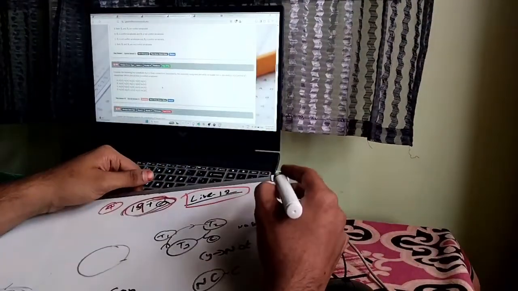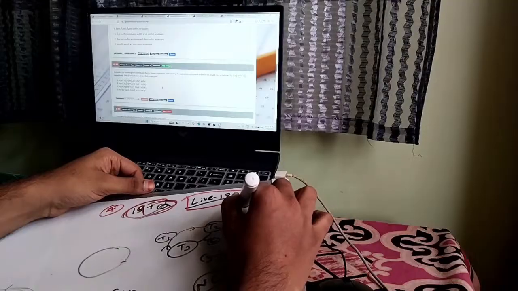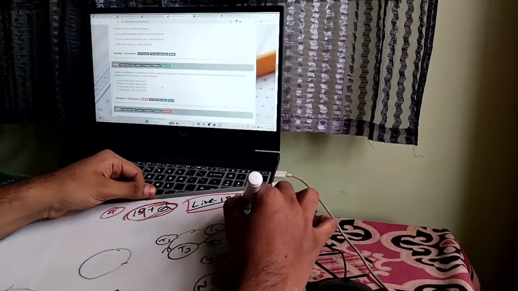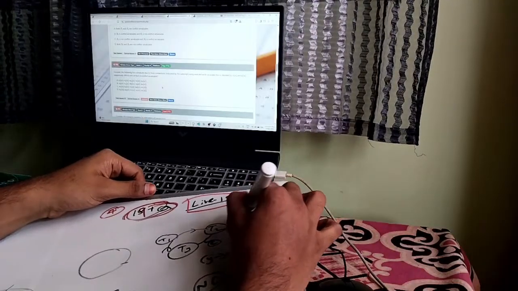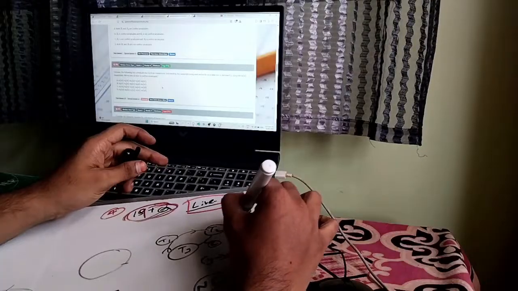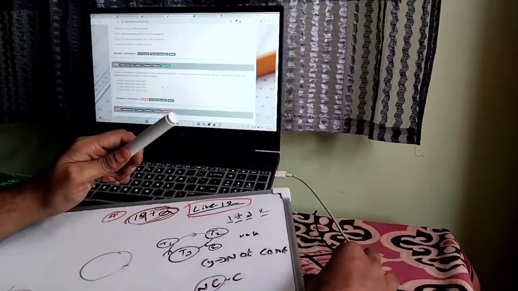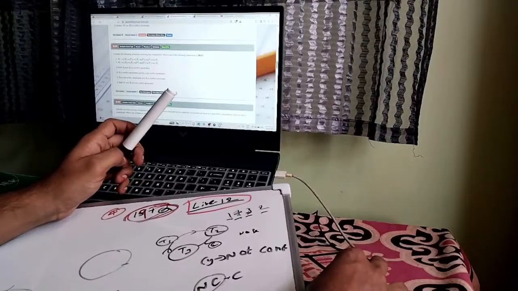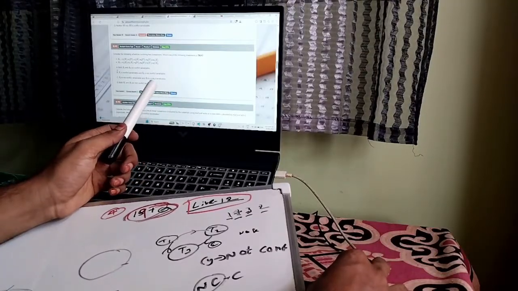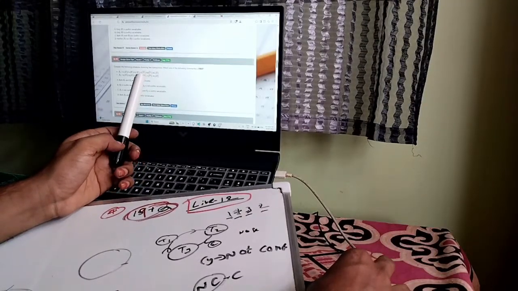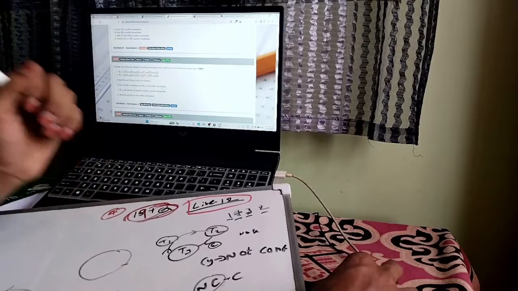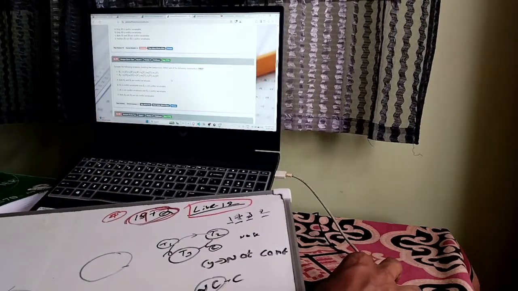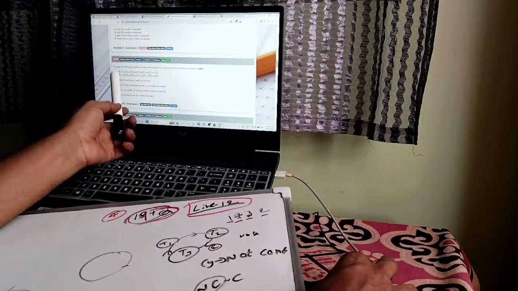If I just do 1, 4, 3 and then 2, first option 1, 4, 3, 2, it is the same. It means I just wasted some time here and there. I have to do this question.